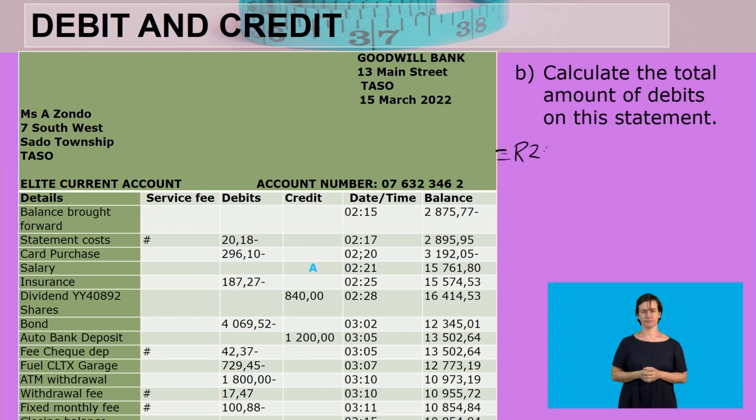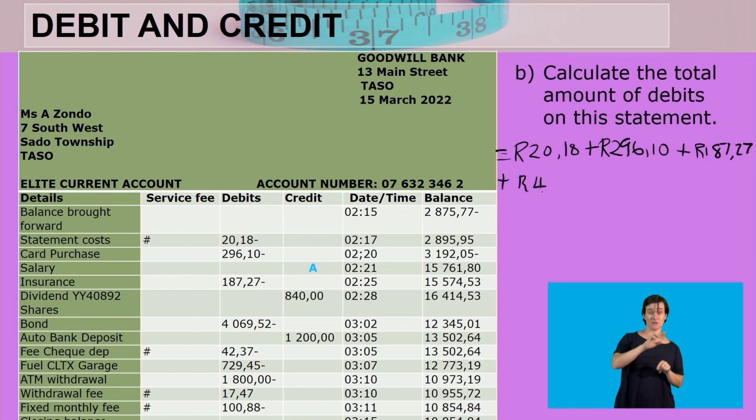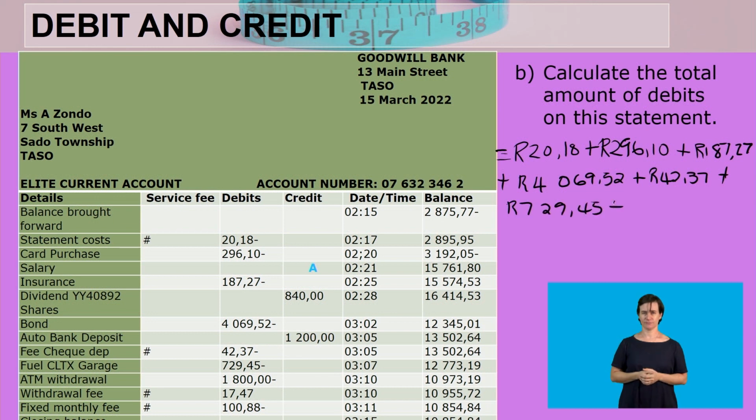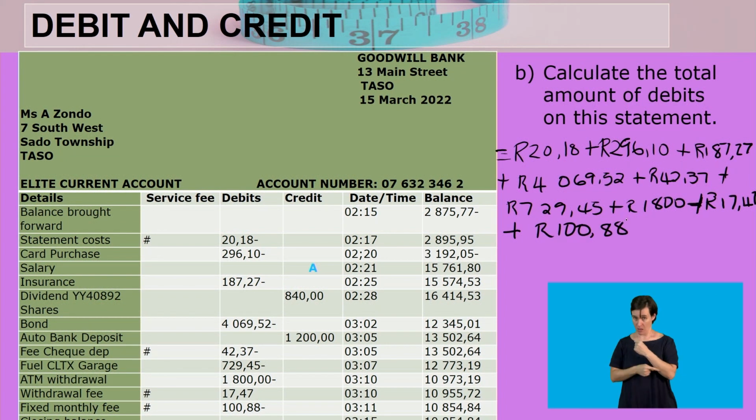So we are going to have 20 rand 18 cents plus 296 10 cents plus 187 rand 27 cents plus 4,069 rand 52 being added with 42 rand 37 plus 729.45 plus 1,800 plus 17 rand 47 cents plus, which is our last value, 100 rand and 88.